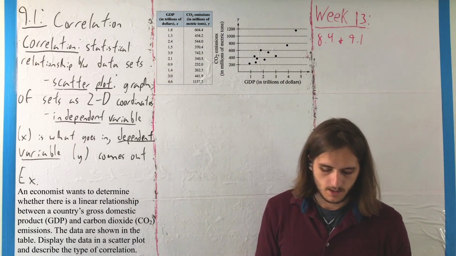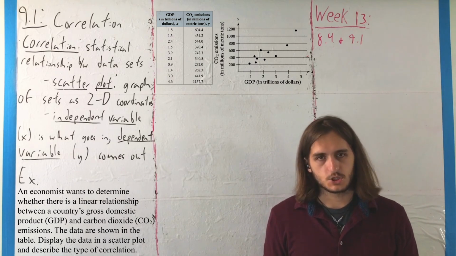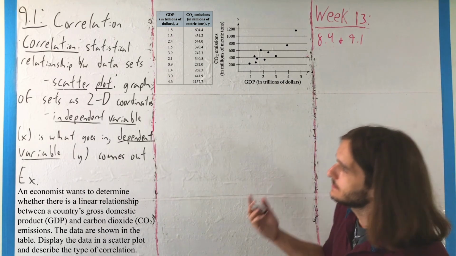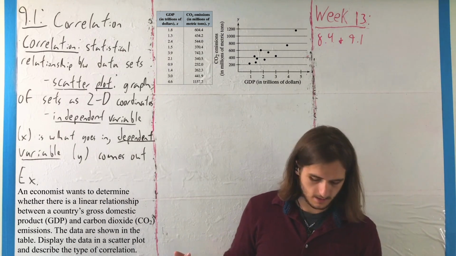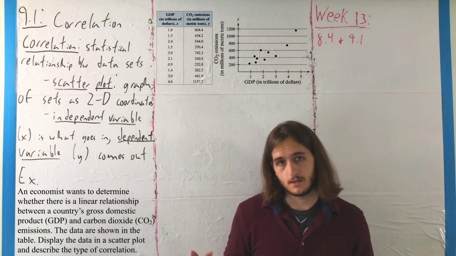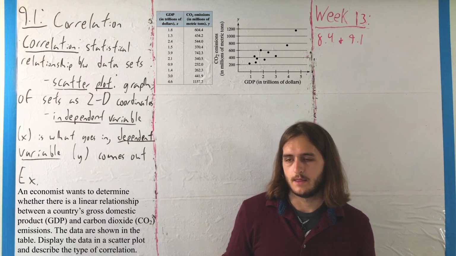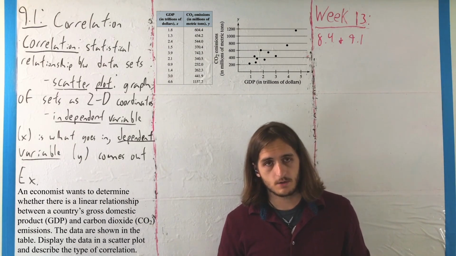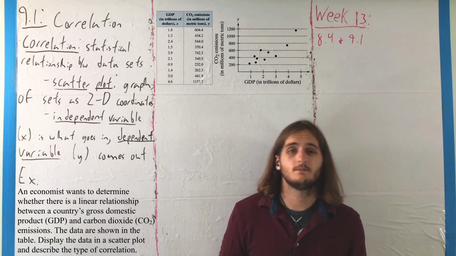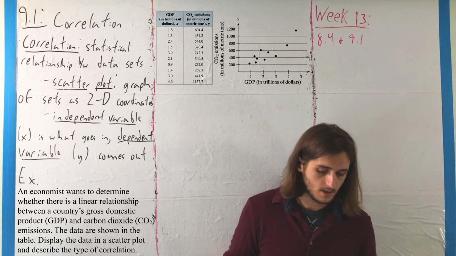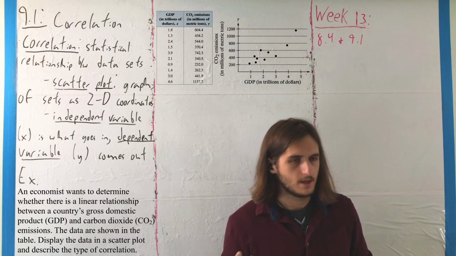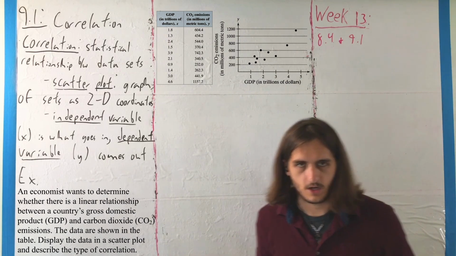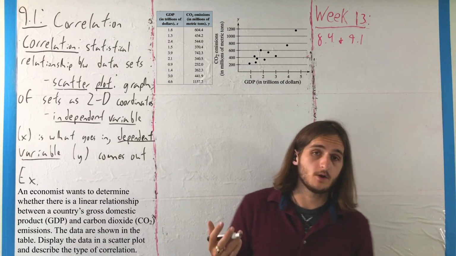In particular, that is fairly strong positive linear correlation indicating the relationship between a country's GDP and their CO2 emissions. That is, as GDP goes up, it would appear that CO2 emissions do as well, albeit there are some things in that data set that might skew that a little bit, and we'll have to talk about exactly what that connection may or may not mean.